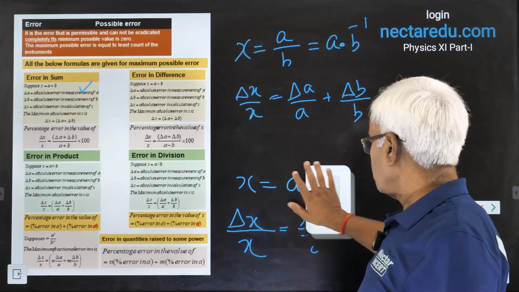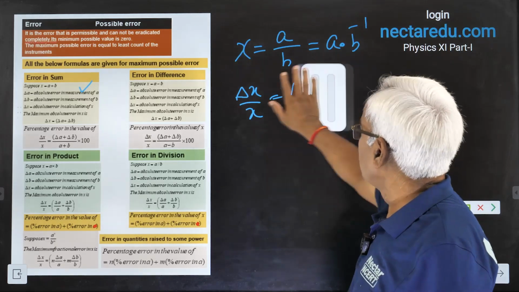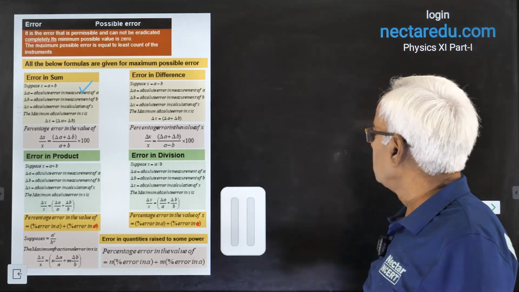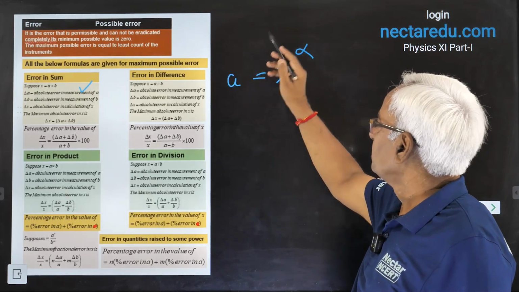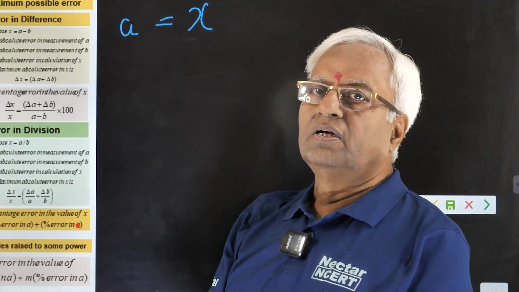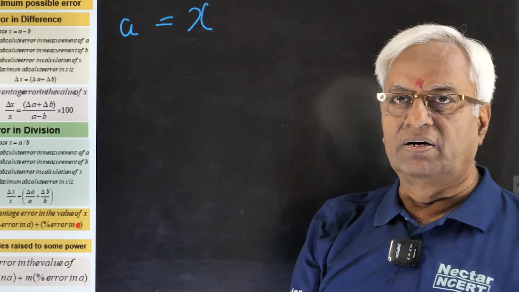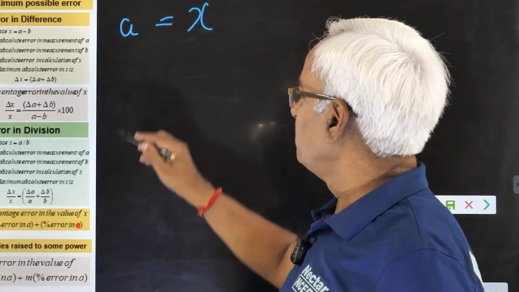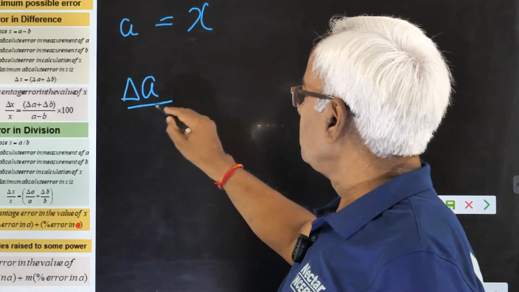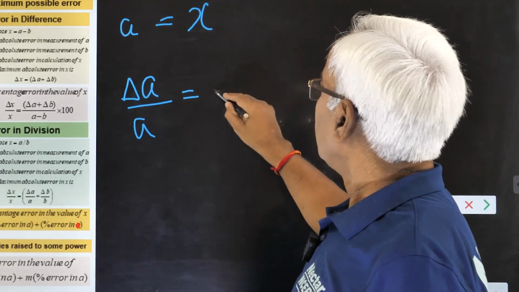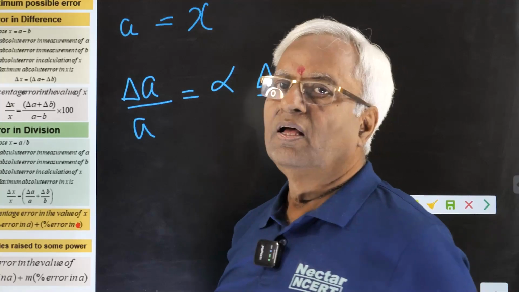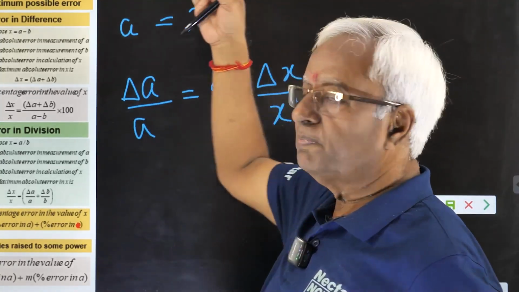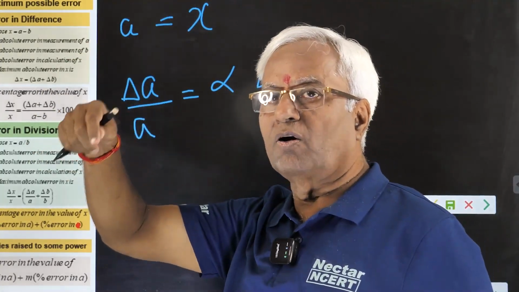And now what remains is simply the exponent, or you might call it powers, on the measured quantities. Say X equals A raised to the power alpha, and you want to find the relative error in X, then it's going to be alpha times delta A upon A. Alpha power, this has been taken as the product.